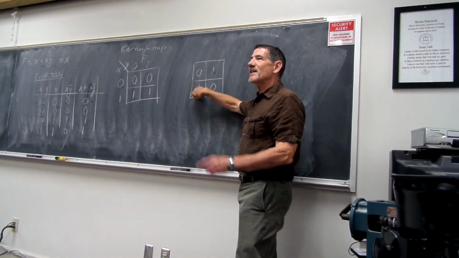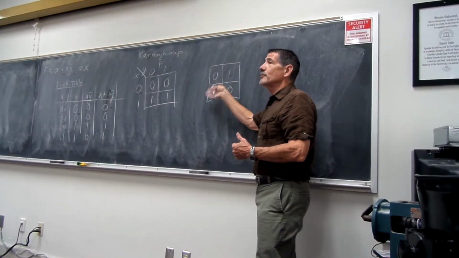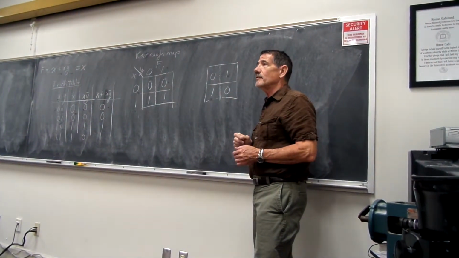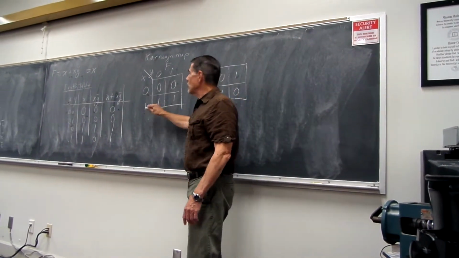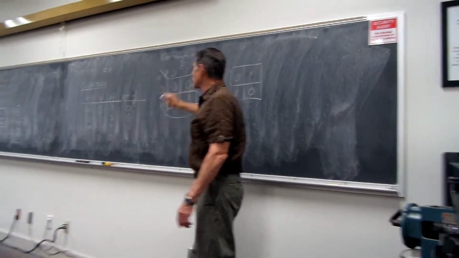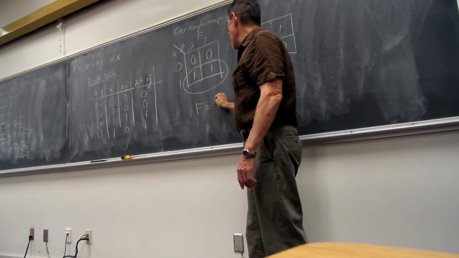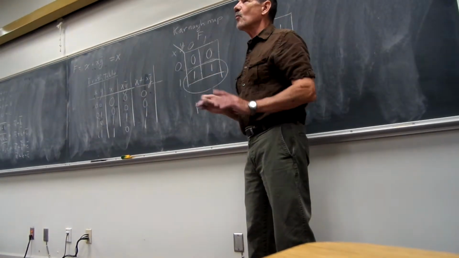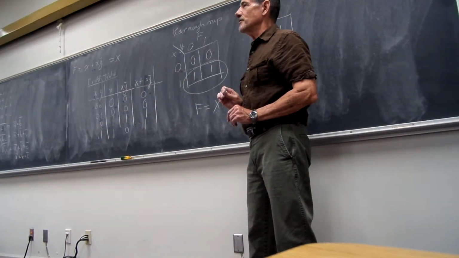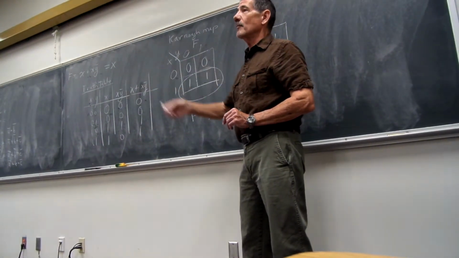So I cannot take this group of 2 ones and put it into a group of 2. Everybody all right with that? Now, back over here I could. So I'm going to circle, and my function is just x. It does not matter what the y is doing, it's just x, which is what we ended up with in our truth table.